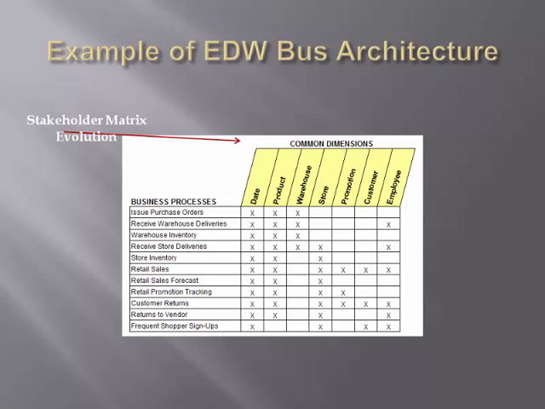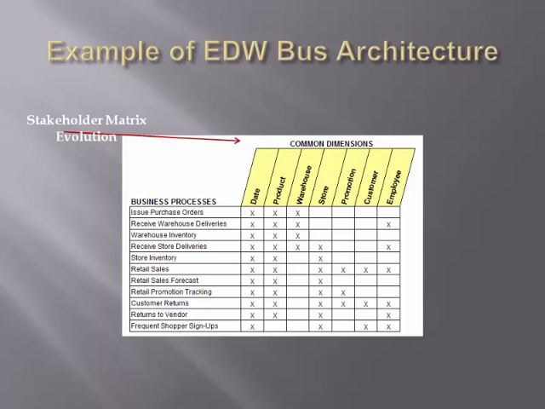The following slide provides a small but very easy to understand example of an enterprise data warehouse bus architecture. If you look at the rows, they provide the business processes. If you look at the columns, they provide the common dimensions. How this bus architecture comes into play is that you start by individual business process rows one at a time.